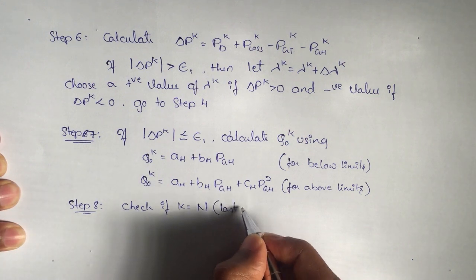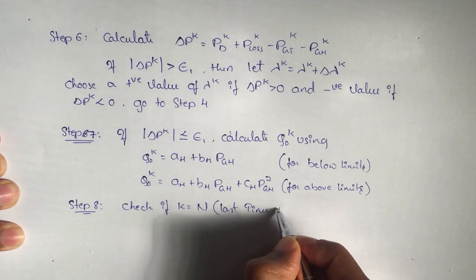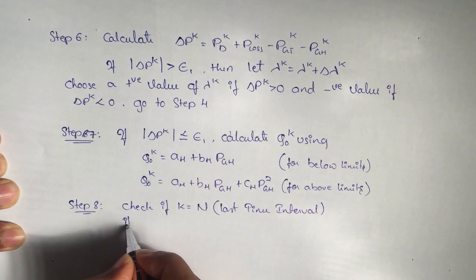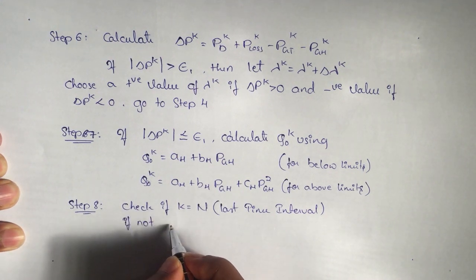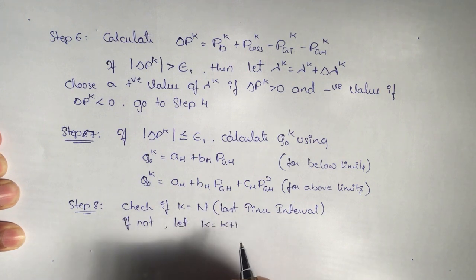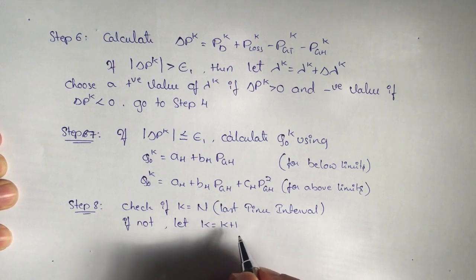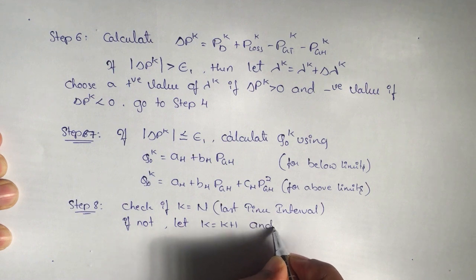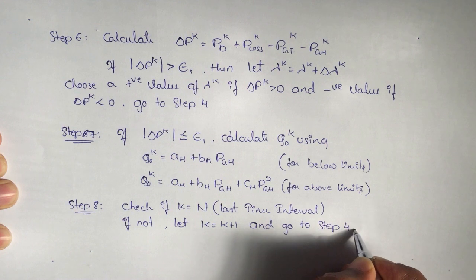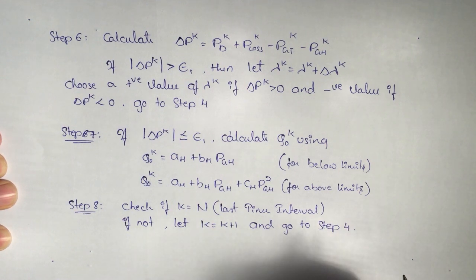Okay, if not, if we are not in the last interval, then let k is equal to k plus 1. We are increasing the value of k by one number, and go to step 4, where we are going to calculate PGT and in the next step PGH. Okay, this is our step 8.